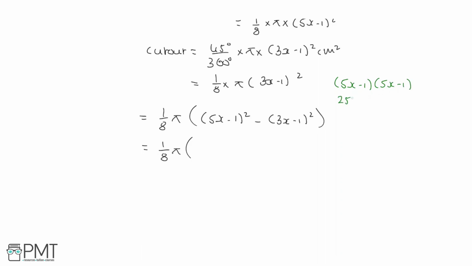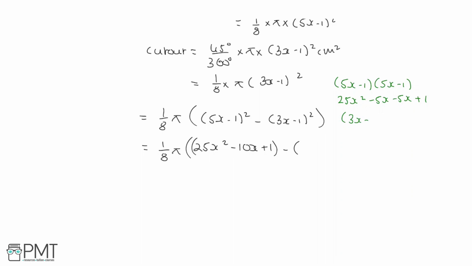This is going to be 25x squared minus 5x minus 5x plus 1, because we're doing 5x times 5x, 5x times minus 1, minus 1 times 5x, and minus 1 times minus 1. And this will get us 25x squared minus 10x plus 1, minus, now let's expand 3x minus 1 squared.